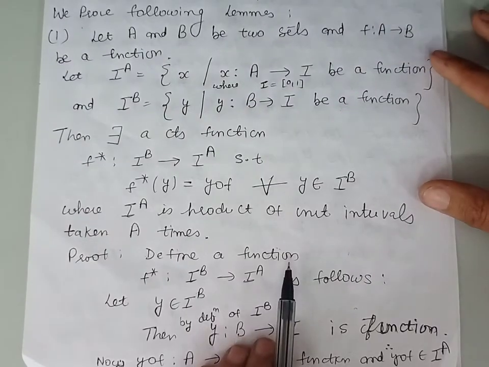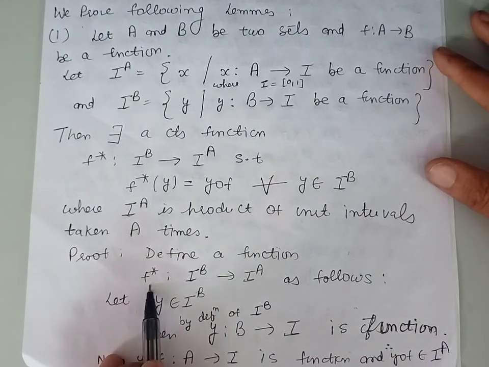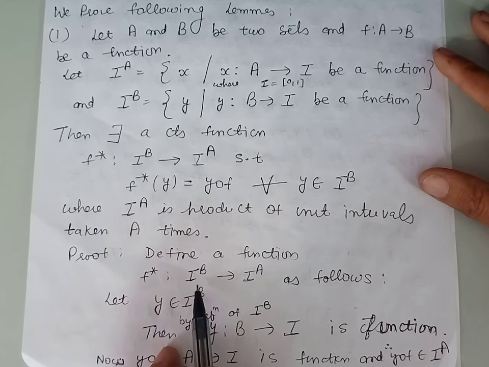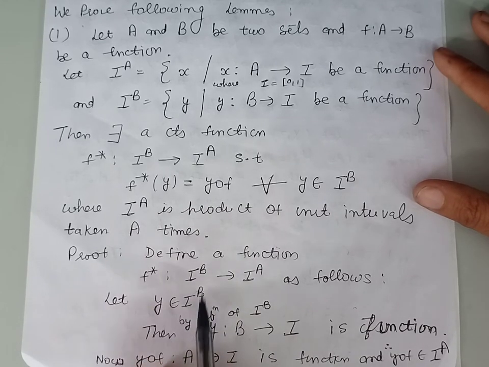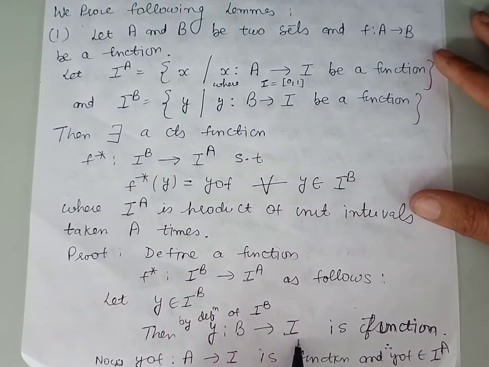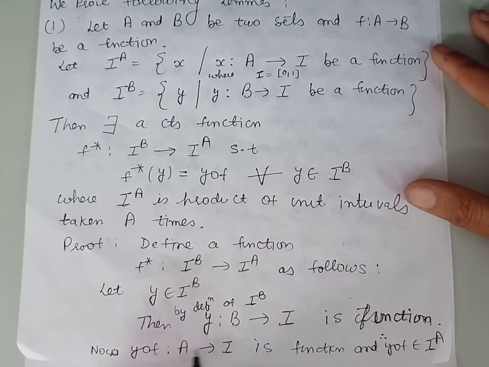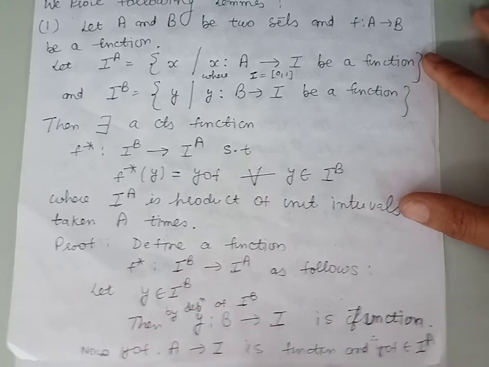Now, in order to prove this, first of all, let us define the function f star according to a requirement. Let us define it from the set I^B into I^A. Let us take an element y from the set I^B. By definition of the set I^B, y is a function from the set B into the unit interval I, and therefore the composition of y with f is a function from the set A into the set I, and the functions from the set A into the set I belong to I^A.